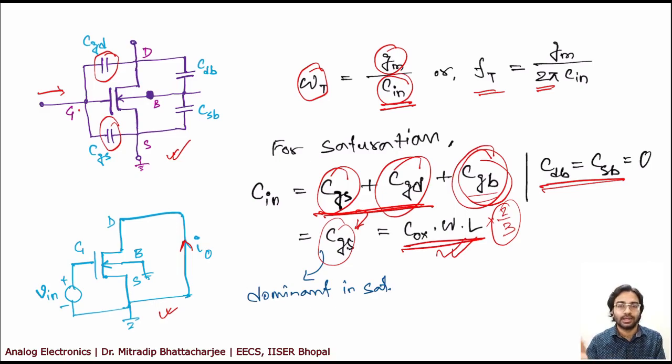So the other value we can neglect, but as an expression I just showed that all three are kind of an addition. Okay, and because they are in parallel as well, so they'll appear as an addition. But remember this thing, whichever capacitance is dominant, you just take that part. Other part, if not mentioned, you can neglect while designing.